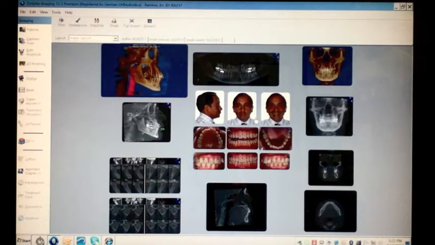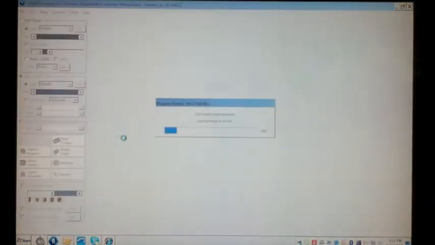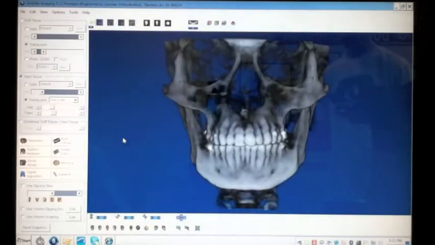Now, when we do a consultation and an evaluation using 3D imaging, we start by going over the 3D slices, and the way you get to those is by clicking on the 3D button, and we hit the edit button. That then gives us the ability to view the multitude of images that can be seen with all of the 3D data.